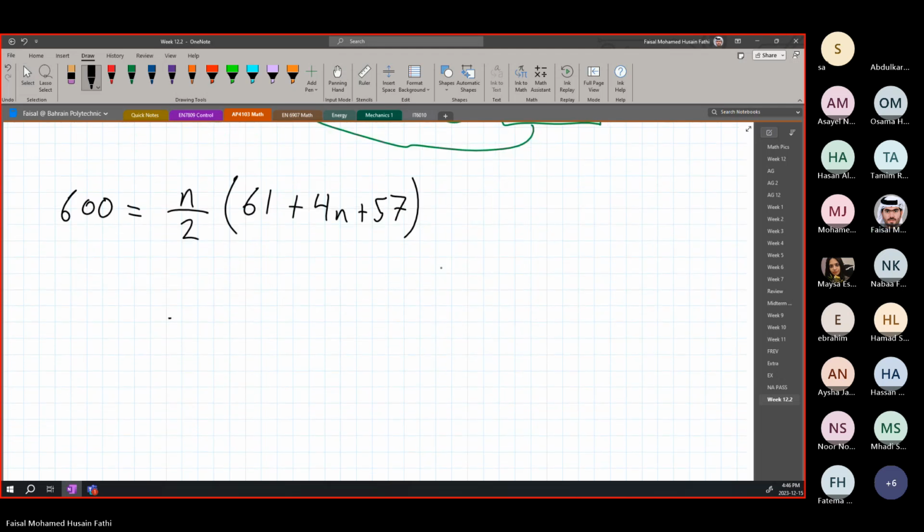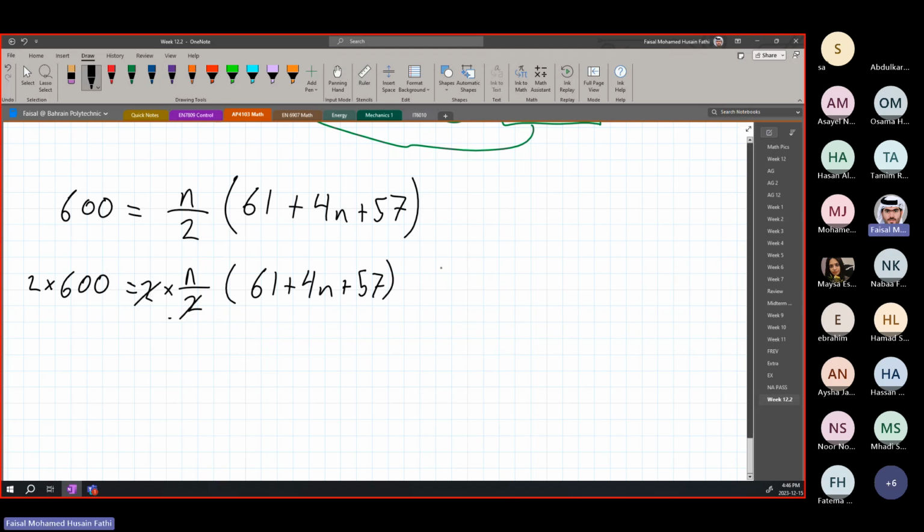Now, we have an equation with one unknown. We can solve for n. And now let's start solving. Let's first multiply both sides by 2. The reason I'm doing this is to get rid of the 2 over here to make it simpler.